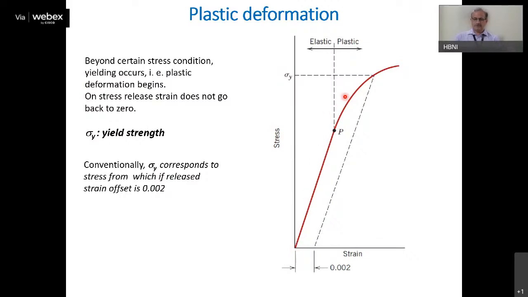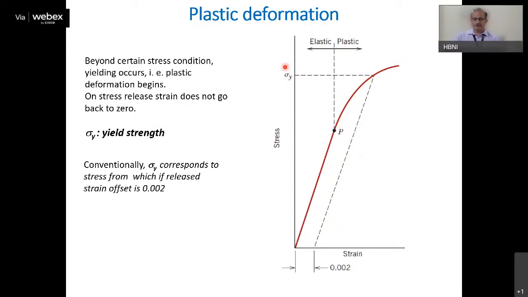Whereas if you reach a certain stress level, called the yield strength of the material, and you release the stresses, the strains are not zero. There is some remnant strain. The region where there is remnant strain even after release of stress, we call the plastic region. Here the plastic deformation has initiated.